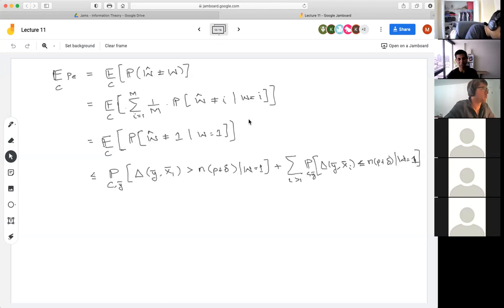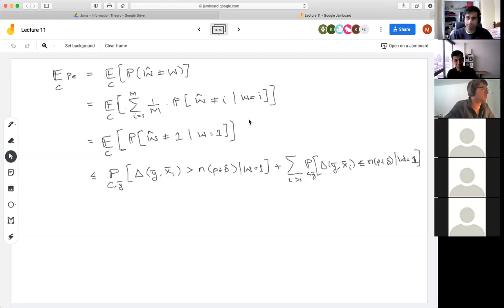So for any choice, you can flip the positions of code words and get a code book with the same probability. So we can just analyze the event that the first code word was sent and there was a mistake. All of the others will have the same probabilities, at least in expectation over random C.